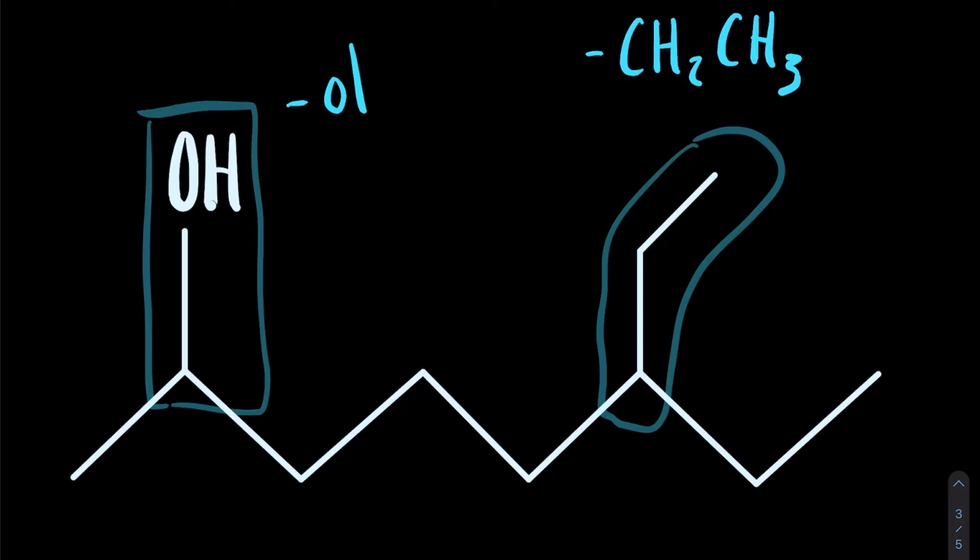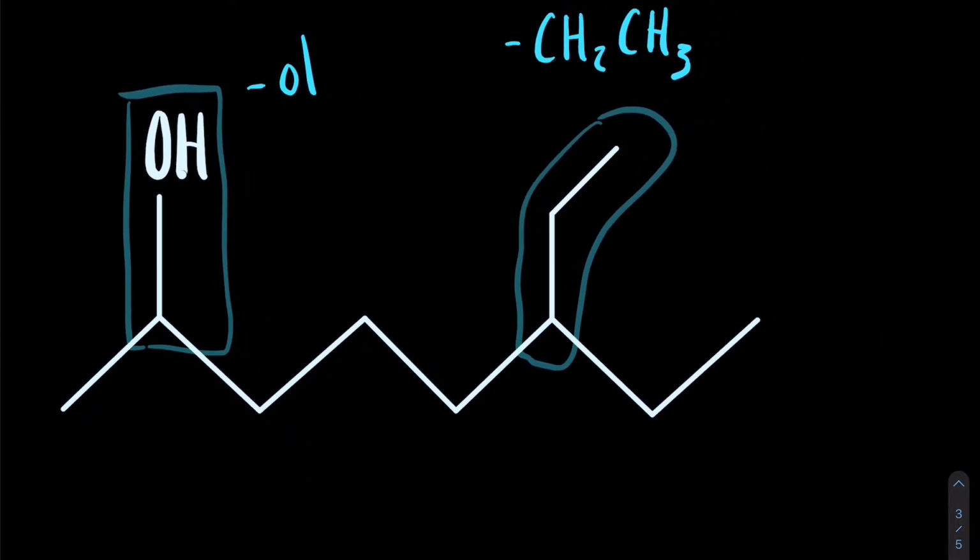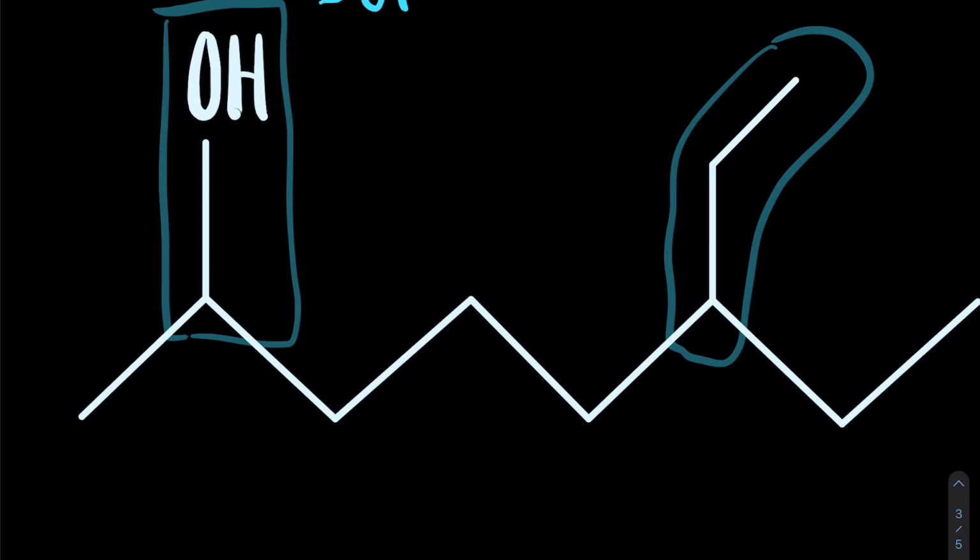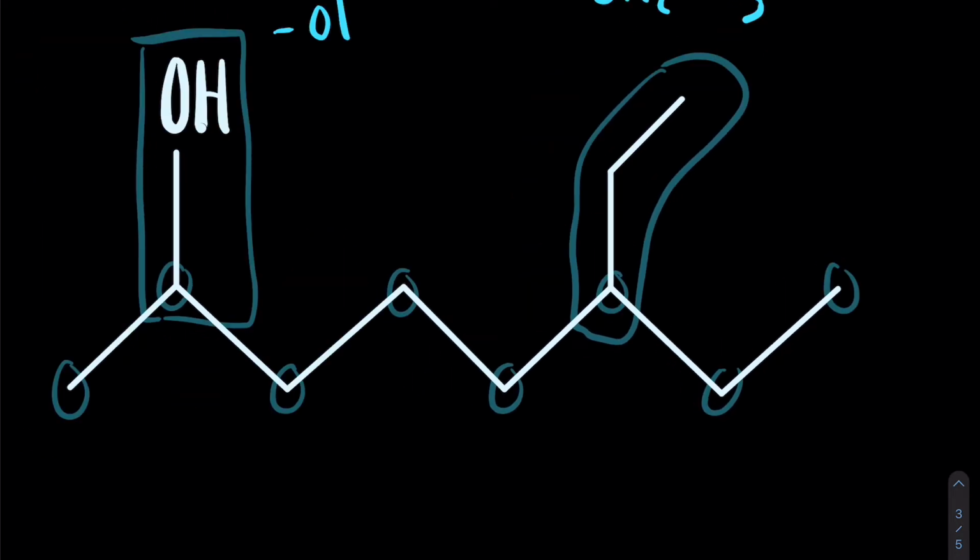So, go back to the steps. Step 1, number the carbon atoms. Number from the side with the first substituent closest to the end, and number the longest parent chain. 1, 2, 3, 4, 5, 6, 7, 8.